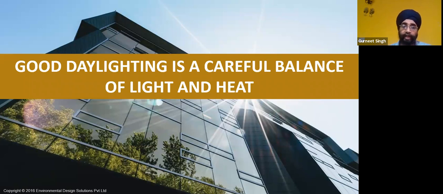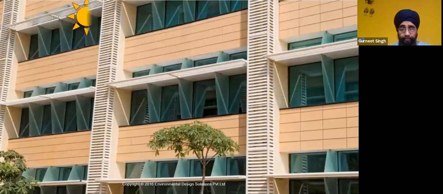So during noon time, the sun is overhead. Only early morning and late evening, the sun is at a low angle. So depending on the orientation of the building, the design of these shading elements varies. This shading strategy basically allows natural light to come in, but it blocks the heat.